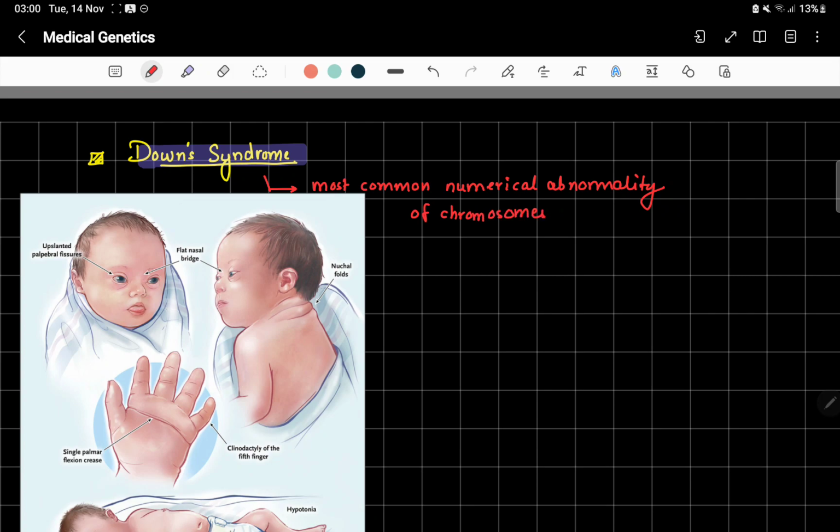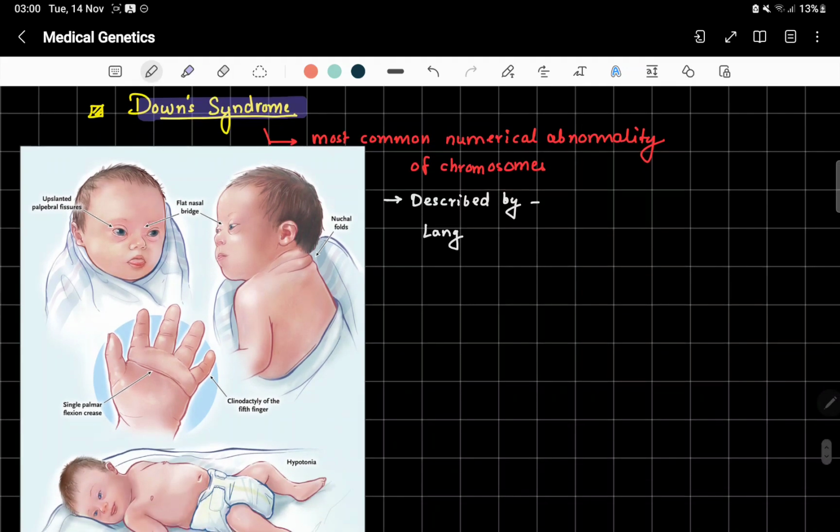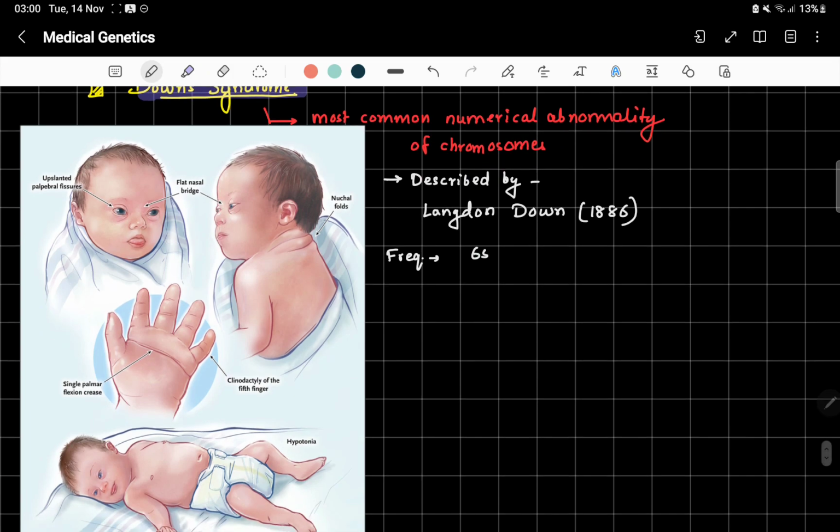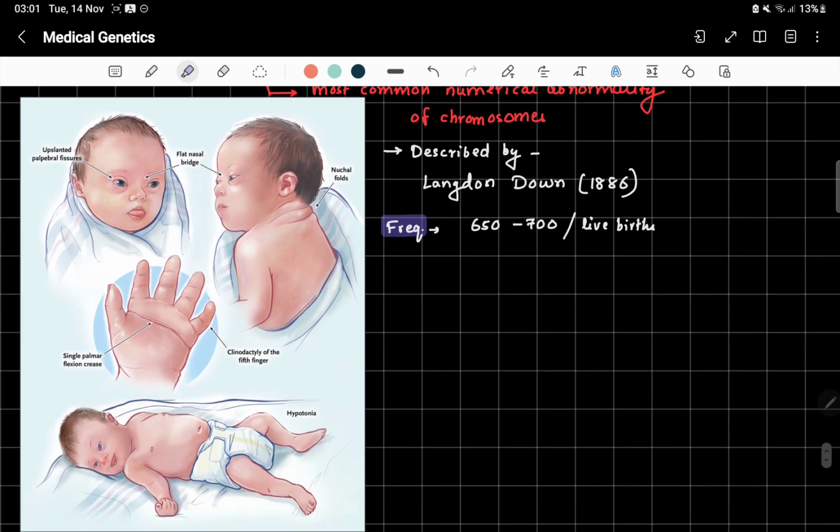It was first described by Langdon Down in 1886. The frequency is about 1 in 650 to 700 live births. This is the frequency of occurrence of Down syndrome.